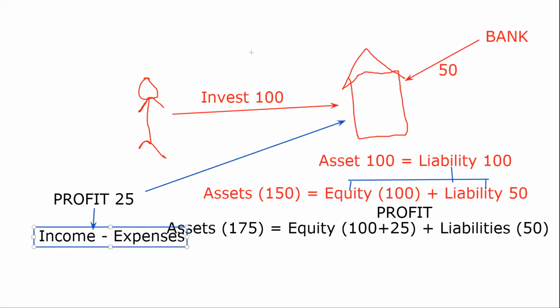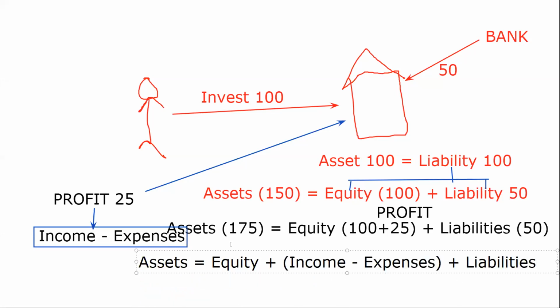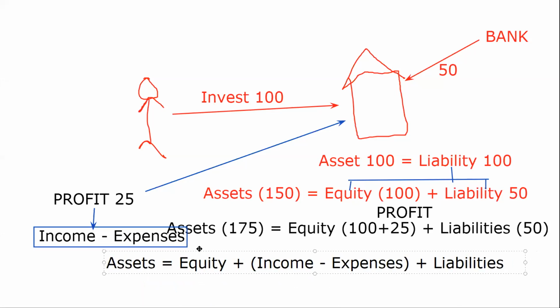Then the equation becomes assets equals equity plus income minus expenses plus liabilities.